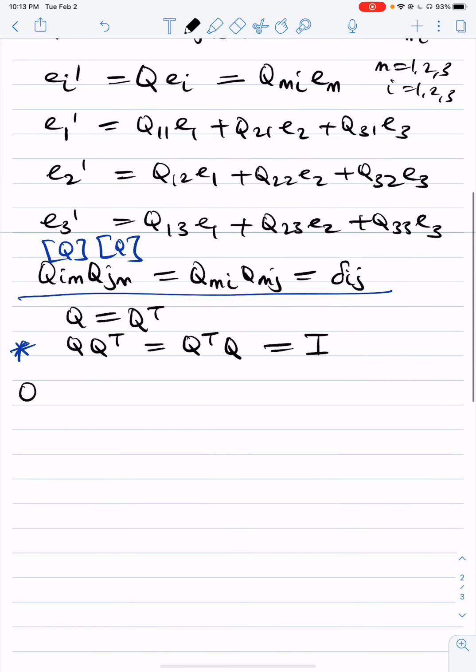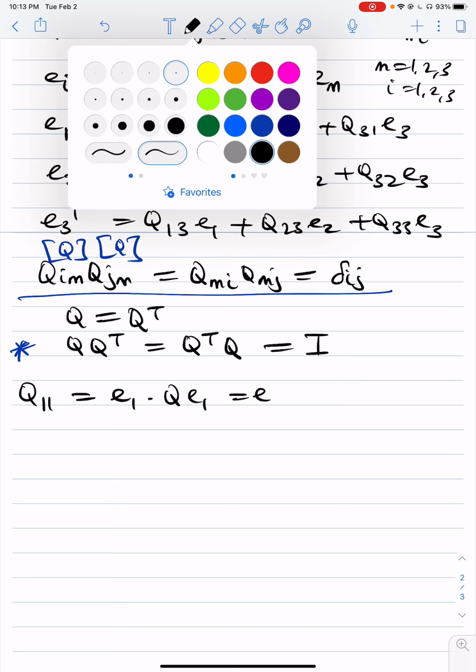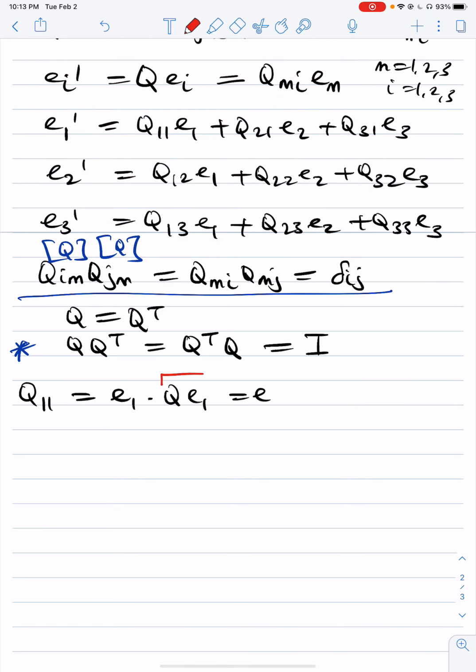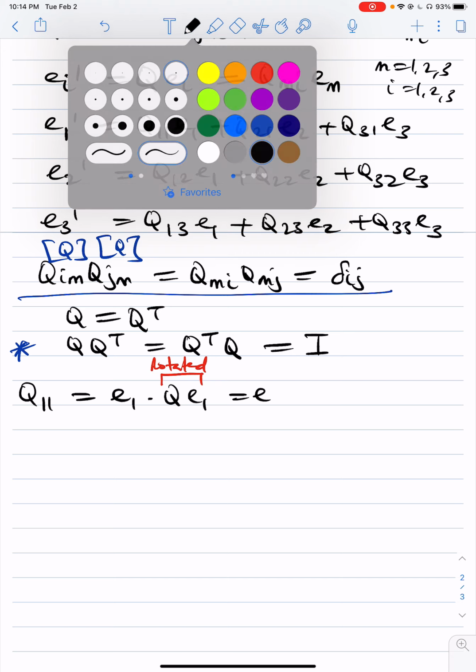So if you have Q, let's look at this. Q11 is equal to E1 dot Q E1. Remember what E1 is? E1 is like the original coordinate system. Q dot E1 becomes the rotated coordinate system, the new rotated vector, right?